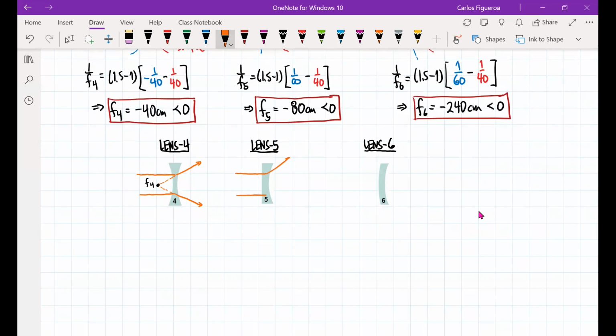And then what does it do? It refracts away. And then I follow the rays back. And where the rays appear to be coming from, that's our negative focal length. Again, if I look at this guy, in this case, this is a longer one. So if I was to draw these carefully, we would have to follow these back. They don't get spread out as much, but it looks like that.